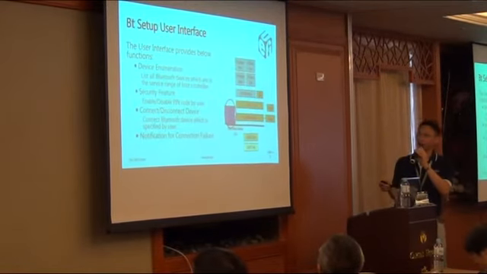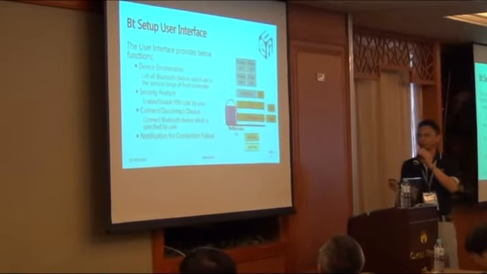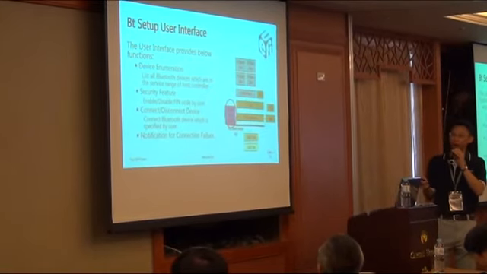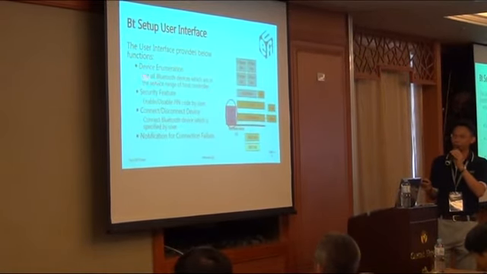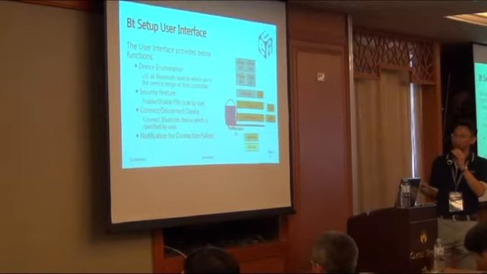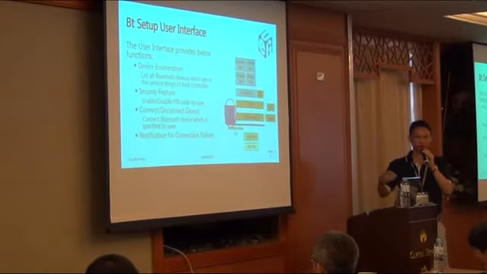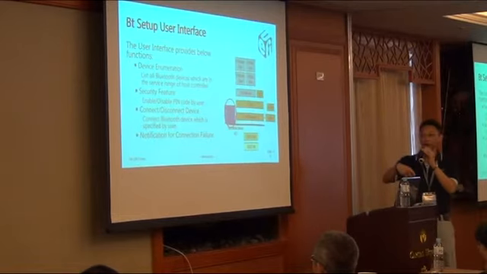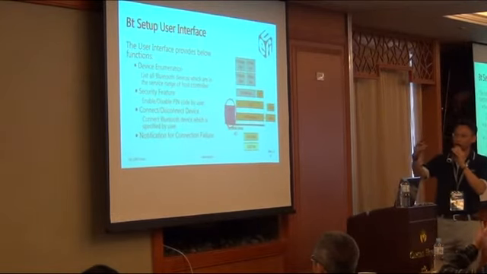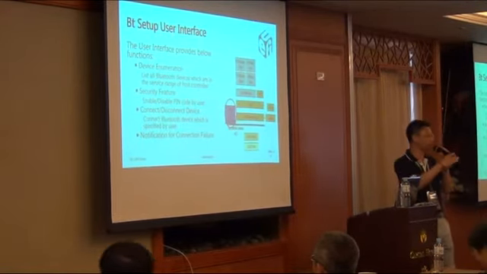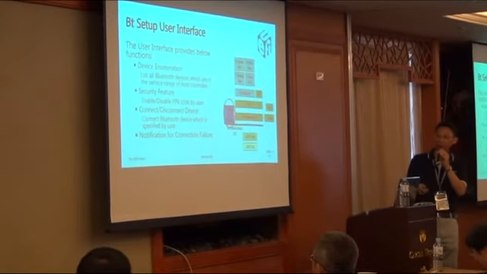So the last block is the Bluetooth setup interface. What's the setup interface for? You can use it to enumerate the Bluetooth devices. In the setup, if you launch the enumeration, you will list all the Bluetooth devices scanned in range. So you can further choose which device you want to connect or disconnect.